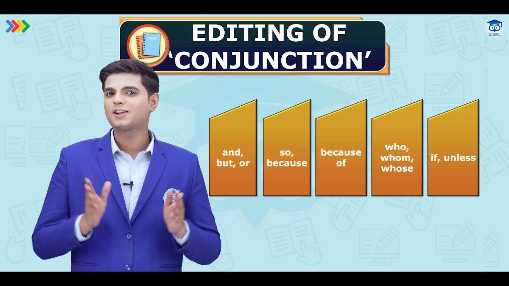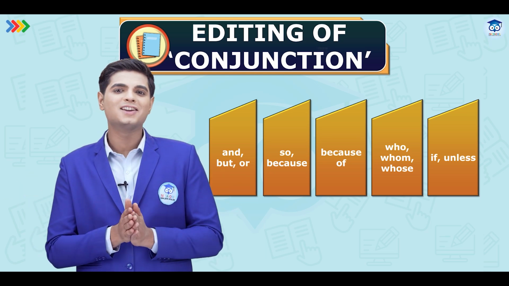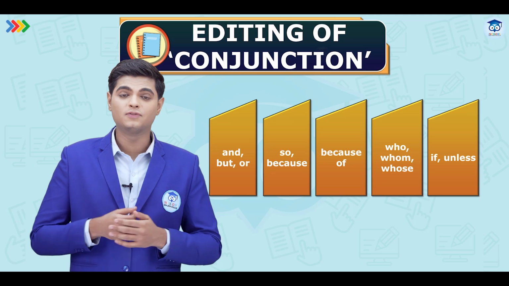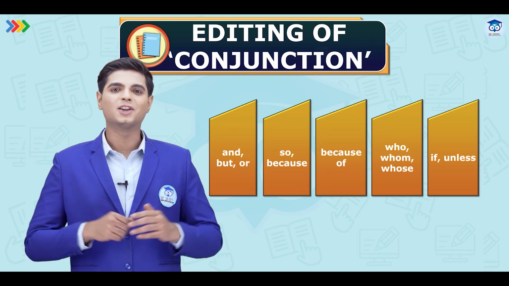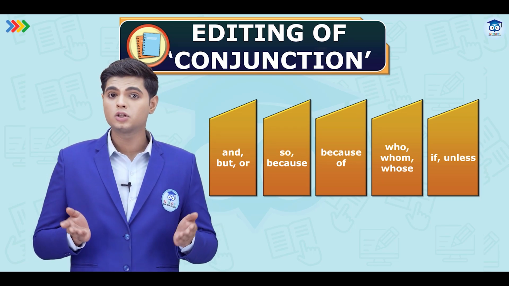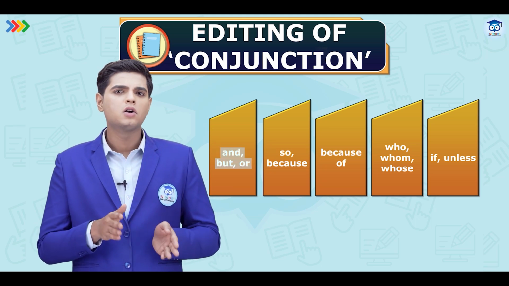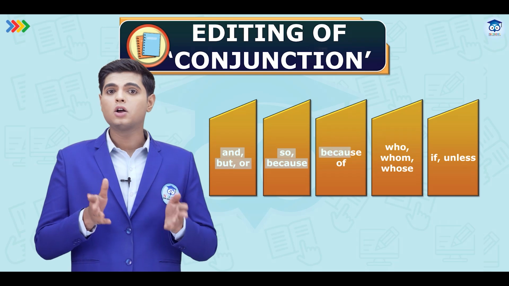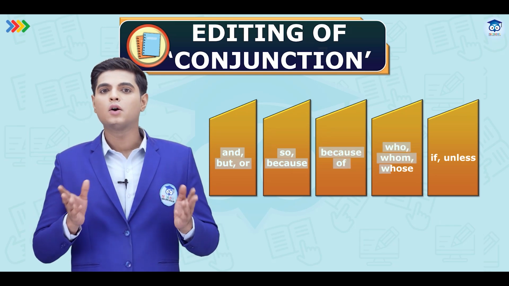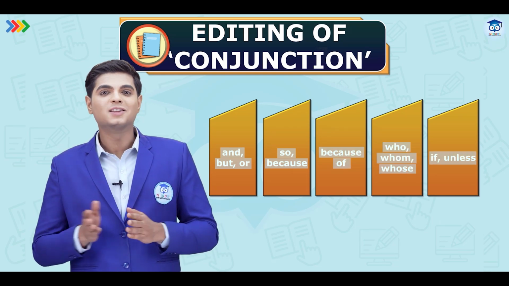Conjunctions are words that connect other words, phrases, or ideas, and choosing the right one is very important for clear communication. Some common conjunctions you'll use often include and, but, or, so, because of, who, whom, whose, if, unless.